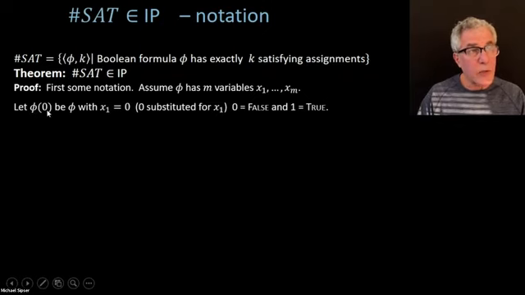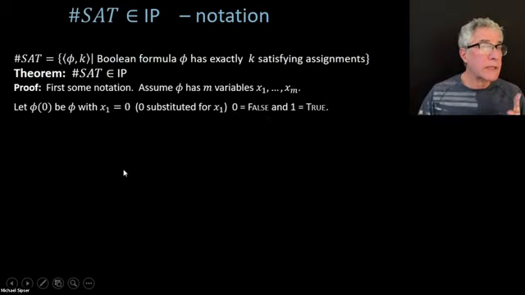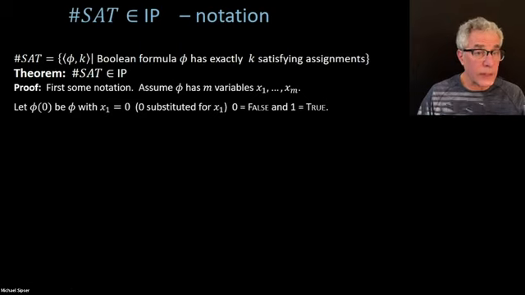If I write phi(0), that just means the formula that I get by plugging in 0 for x1 and leaving all the rest of the variables alone. So I substitute 0 for x1, where 0 means false and 1 means true as usual. But it's still going to be some other formula, just with that substitution.